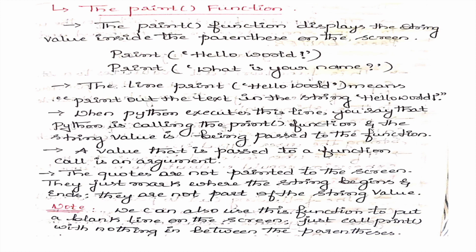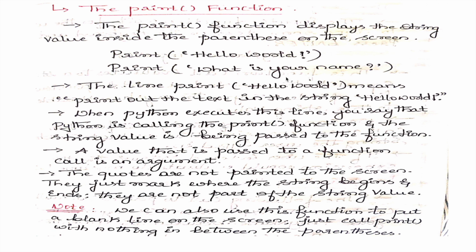Okay. Next, the print function. As the name suggests, it will print whatever is inside the quotes. For example, print hello world: within the quotes, what is there? Hello world. It will print hello world. Then, what is your name?